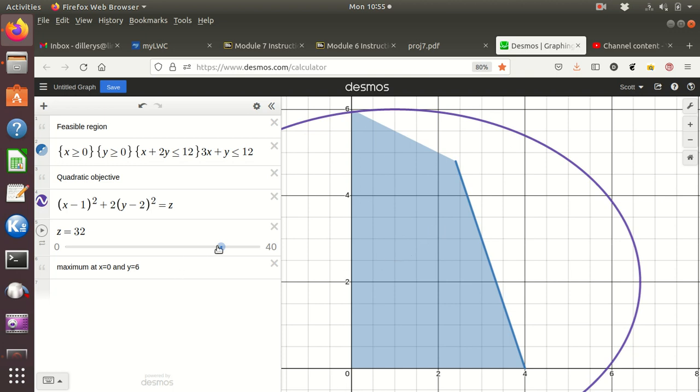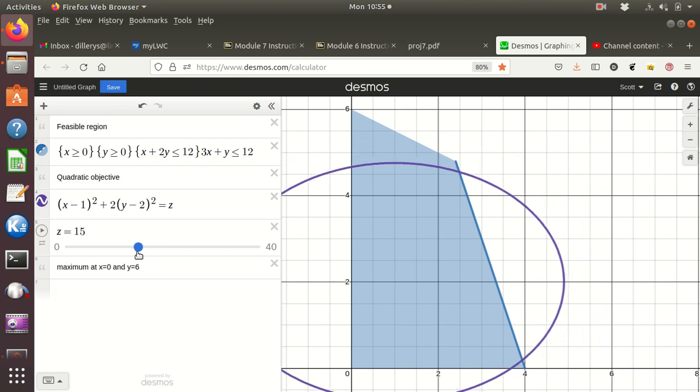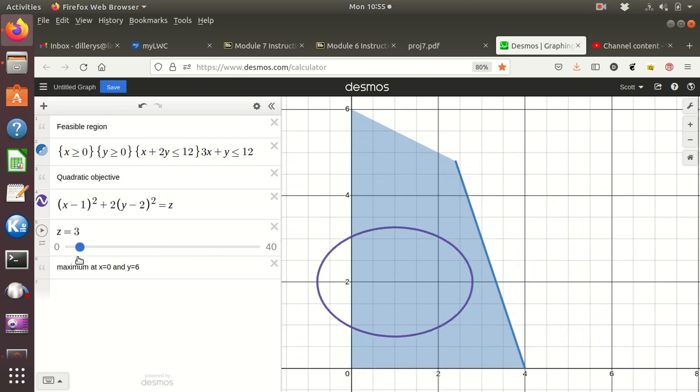Now, if I wanted to minimize this instead, I'd want to make z smaller and smaller. But notice I can get z all the way down to 0. If I make it just a little bit bigger than 0, at 0.6, I see that it's all in there and it keeps getting smaller. And so I can take this down to 0.